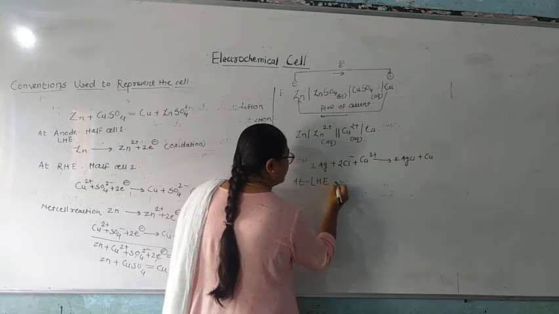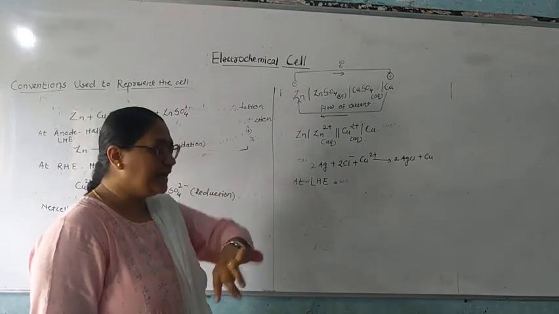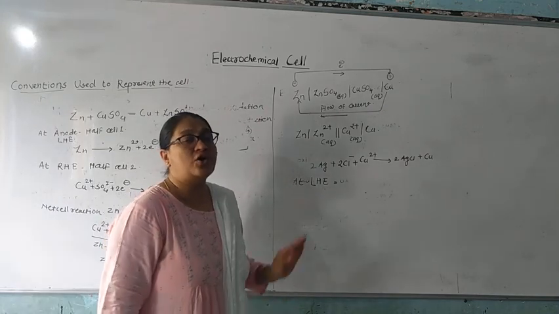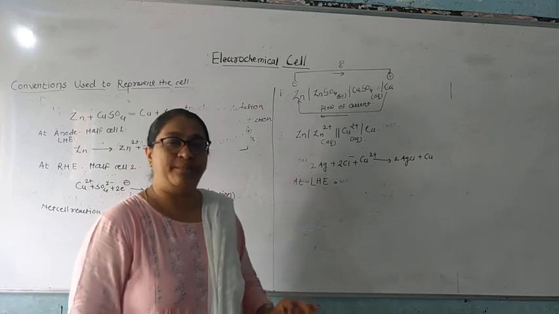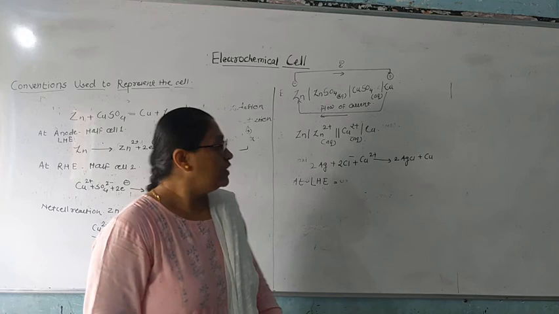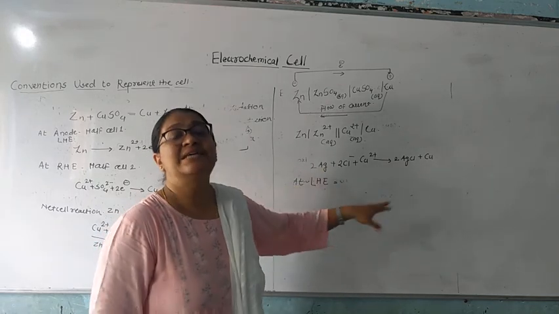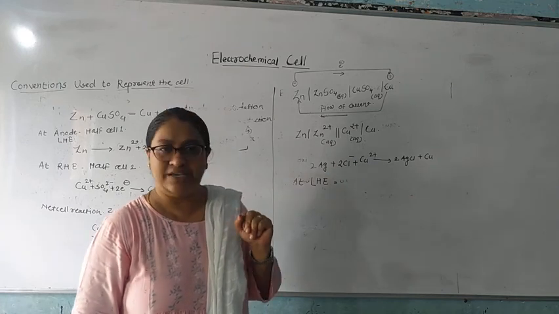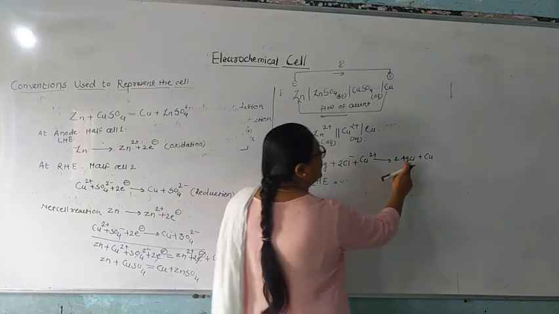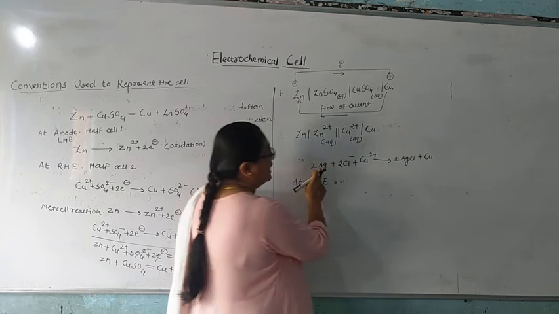LHE. Now at LHE, that means the left hand electrode, what will happen? At the left hand electrode, obviously the oxidation reaction is going to happen. Oxidation, or we can call it de-electronation also. So first find which metal has undergone the oxidation reaction here. So which metal here is oxidized? See here Ag plus and Cl minus, that means Ag plus is formed.